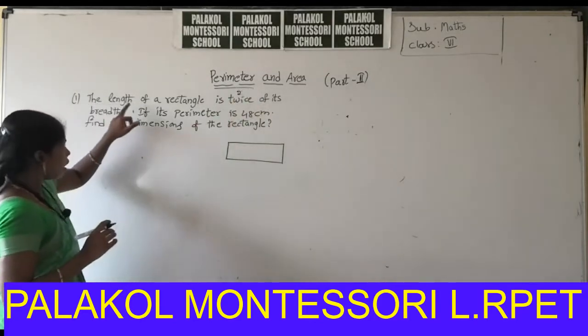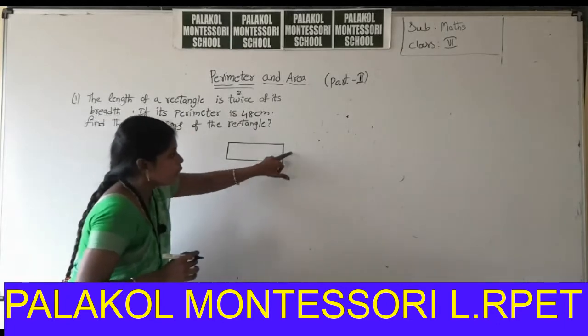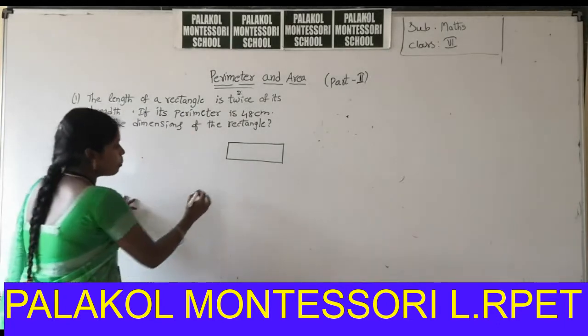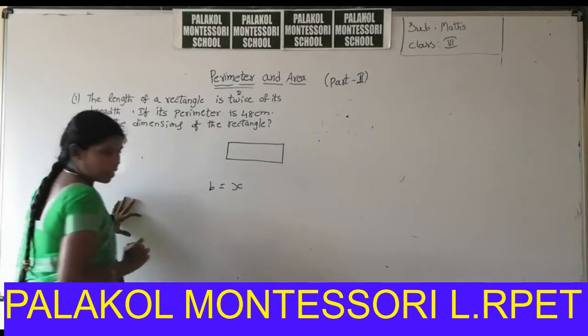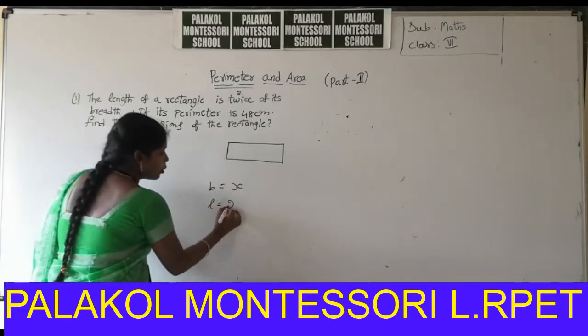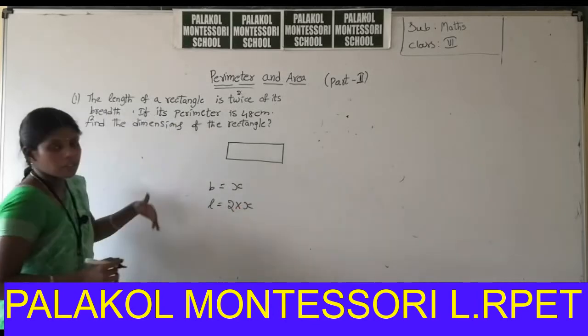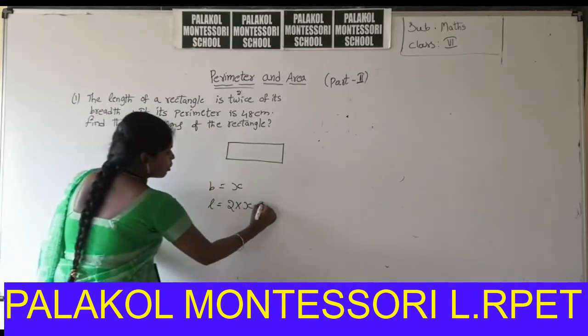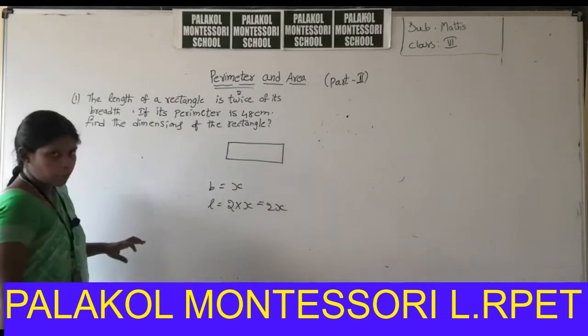So the length of the rectangle is 2 times its breadth. For example, take breadth as x. So the length is twice the breadth, that is 2 into x, length is equal to 2x.